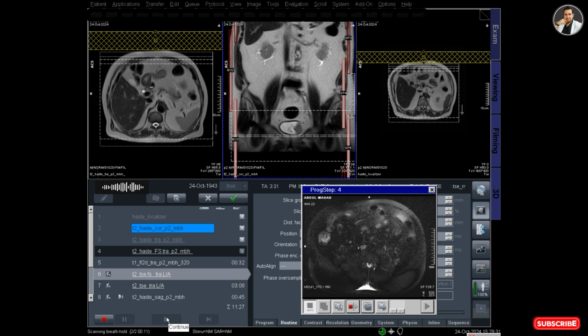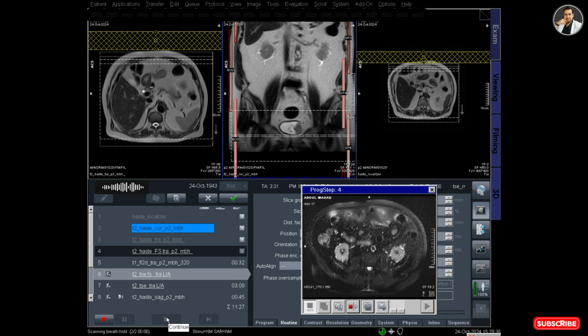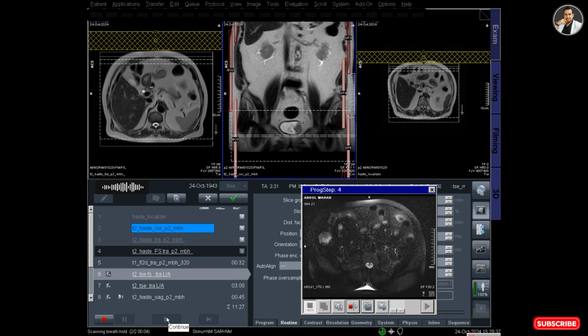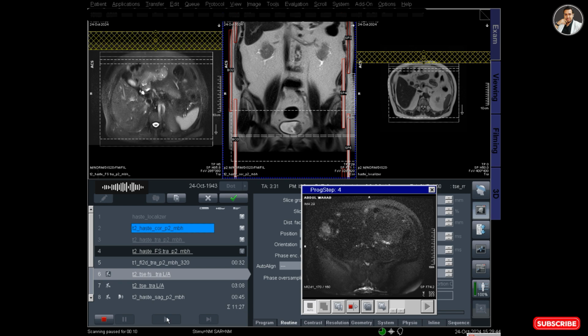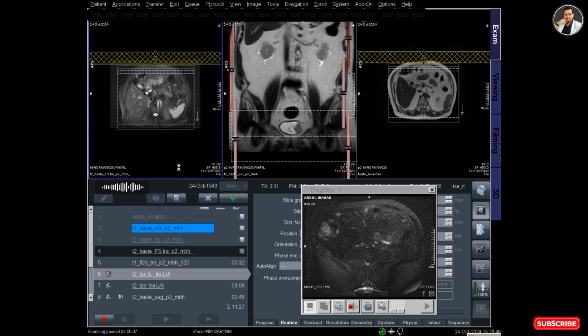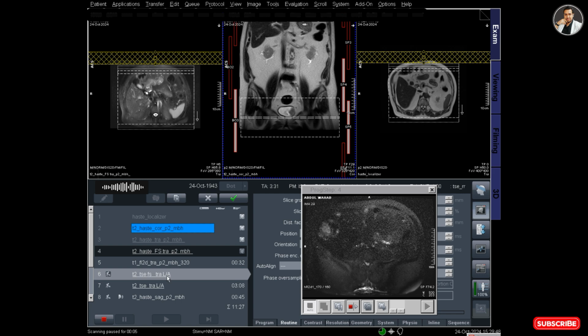The second breath hold is running. Patient is holding his breath, and this T2 HASTE fat set axial protocol is running, and it's finished. So my two axial protocols have finished.